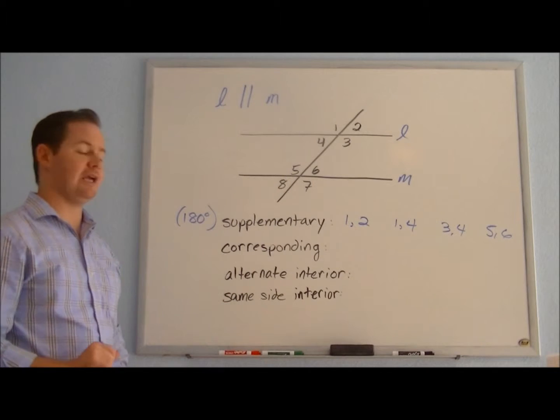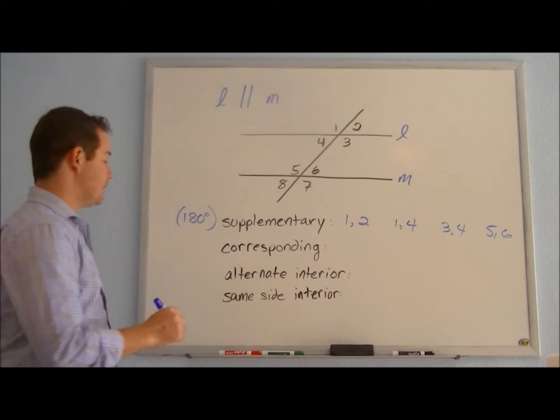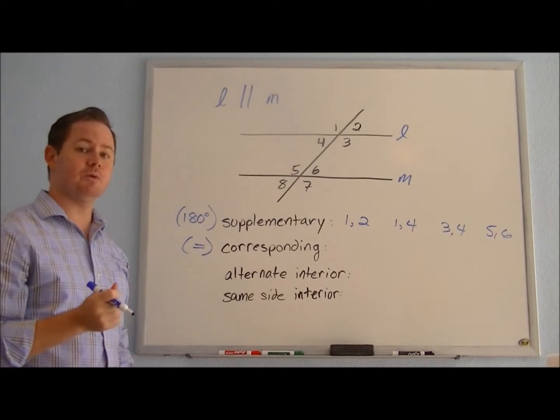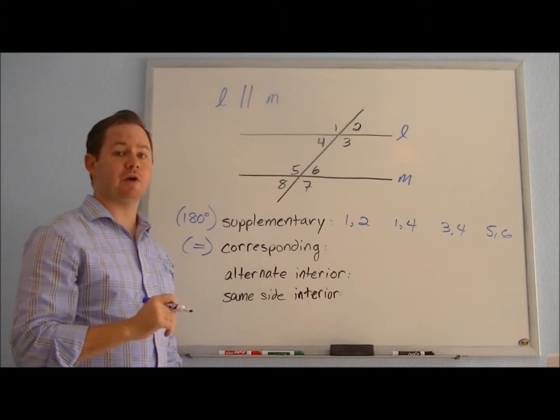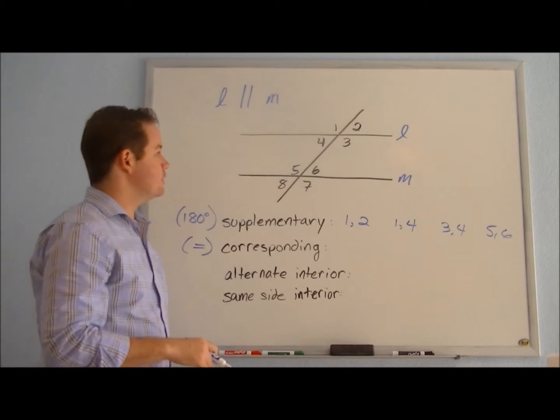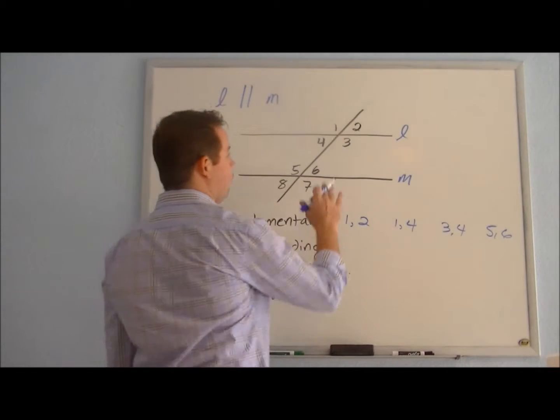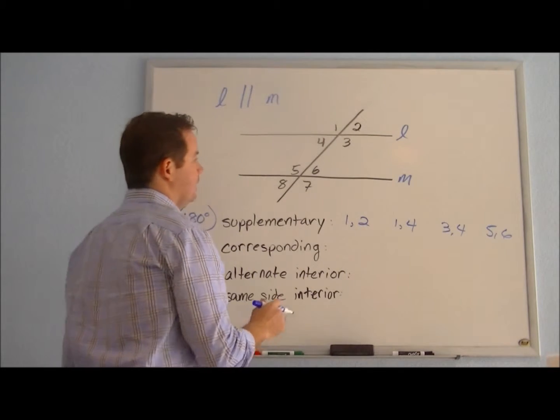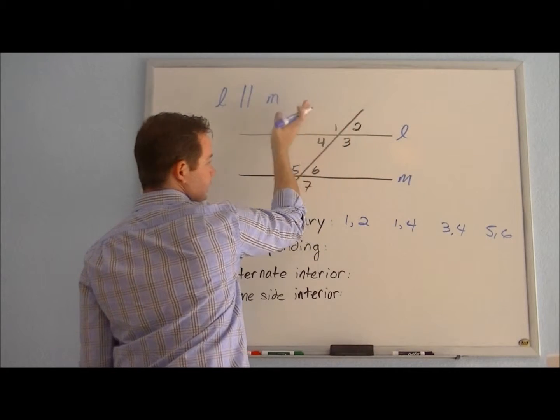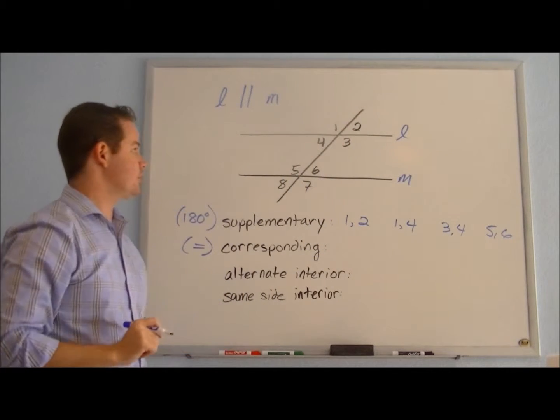Now, corresponding angles are going to be angles that are equal to each other, and they will be in the same position relative to the parallel line and the transversal. So for example, if we take a look at angle 1, we can see that angle 1 is above line L and to the left of the transversal.